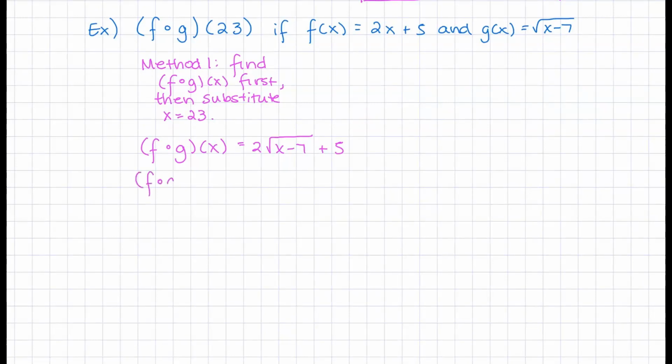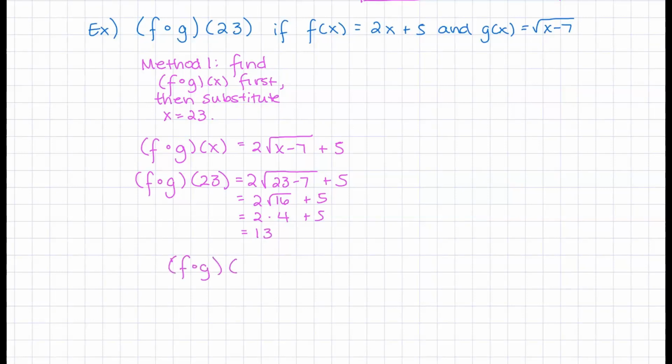So f composed with g of 23 is 2 times the square root of 23 minus 7 plus 5, which is 2 times the square root of 16 plus 5, which is 2 times 4 plus 5, which is going to be 13. So f composed with g of 23 is 13. And voila, we have that.